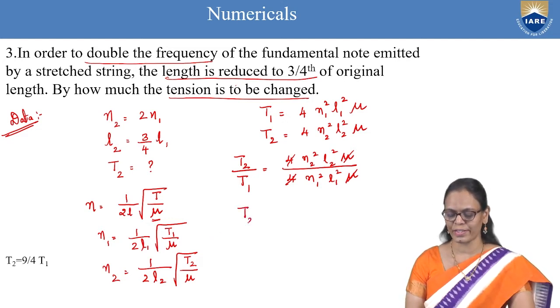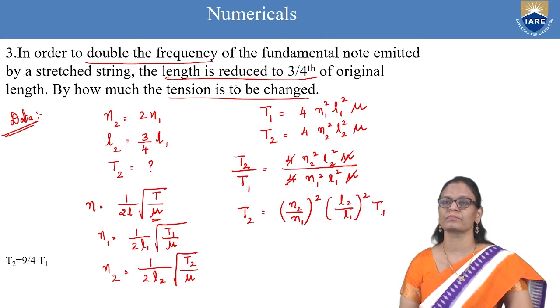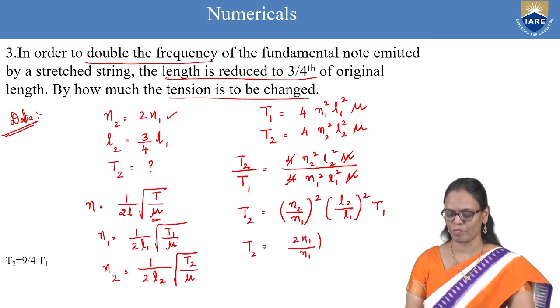So we want T2, so we can write it as N2 by N1 whole square into L2 by L1 whole square into T1. What is our N2 now? 2N1, so 2N1 by N1.